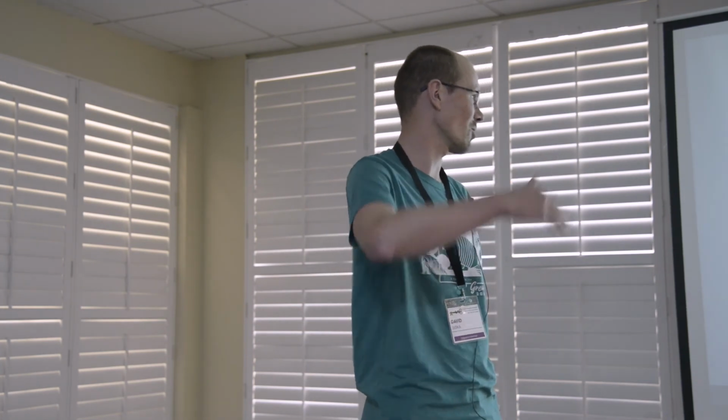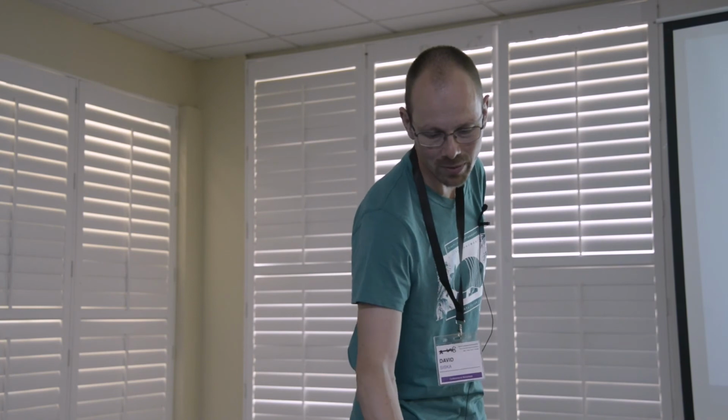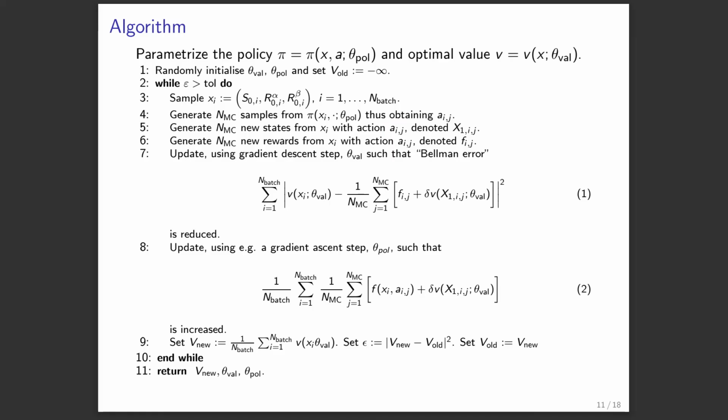If you want to do it in 3, 5 dimensions, it goes pretty fast, and you run out of memory and you run out of time. And neural networks, in many cases, don't have that problem and can approximate various objects like solutions to certain PDEs and value functions for control problems without being hit by the curse of dimensionality. So that's why you may want to use neural networks in this setting.